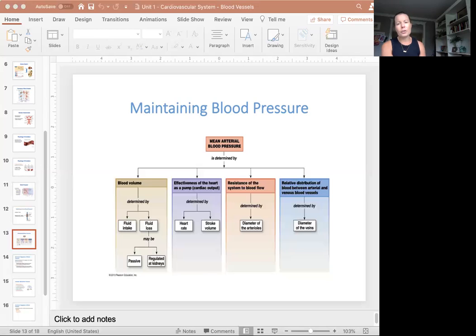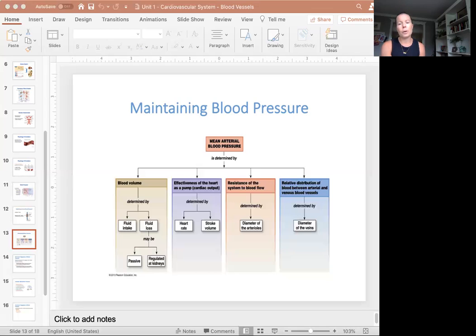Okay, the other controls are hormones. And certain hormones can go into effect very quickly. So that would be a short-term response. Other hormones take a lot longer to have an effect. So that would be a long-term regulation.